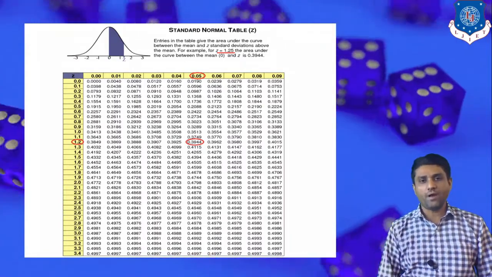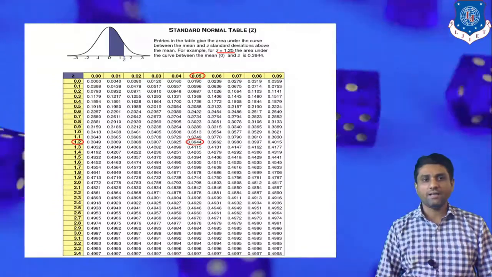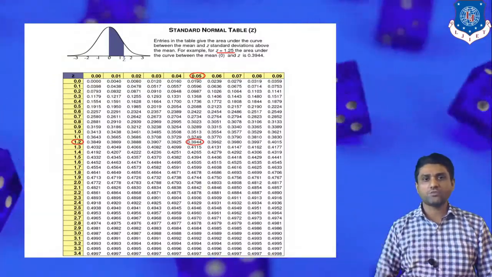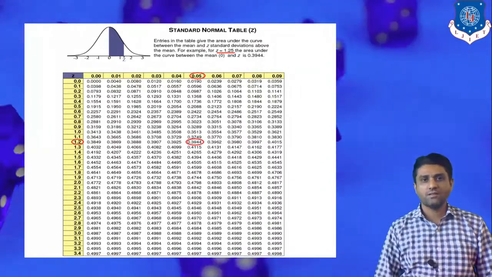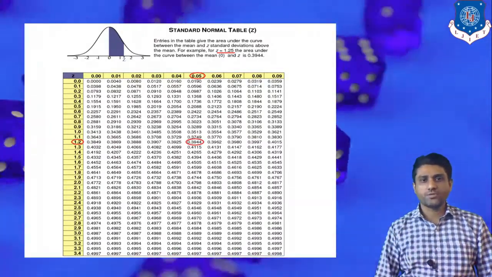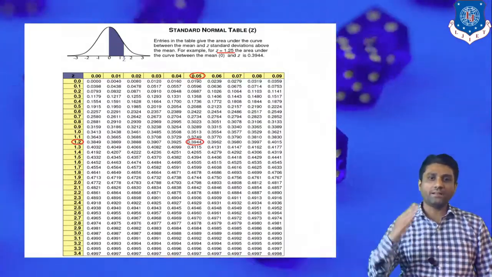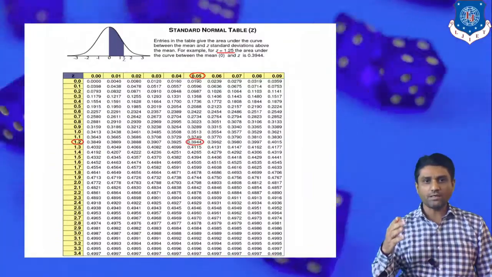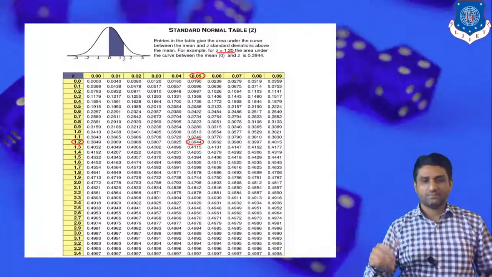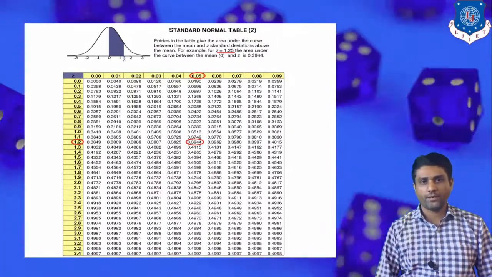Just as one example, I will explain one thing. Suppose we have to find the probability of the random variable z lying in the interval 0 to 1.25. See in the margin, there is the graphical representation of the normal distribution, and we highlight the portion in blue color. That blue color represents the area lying between z equal to 0 and z equal to 1.25.